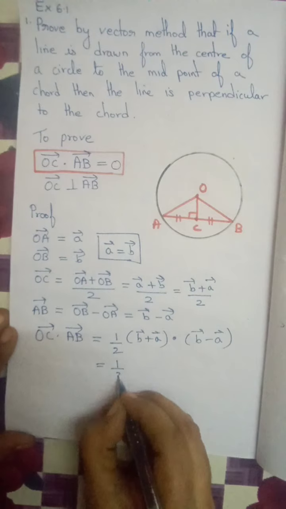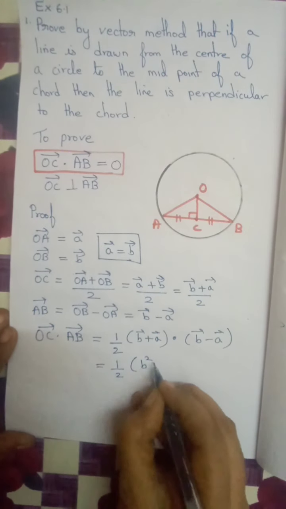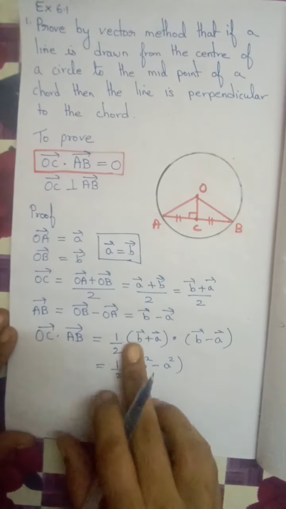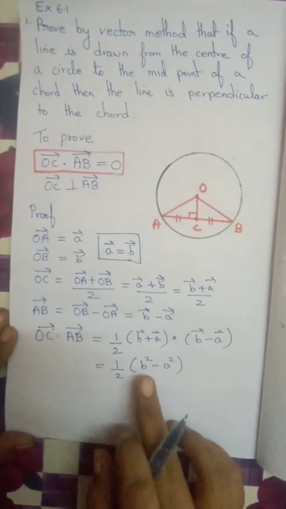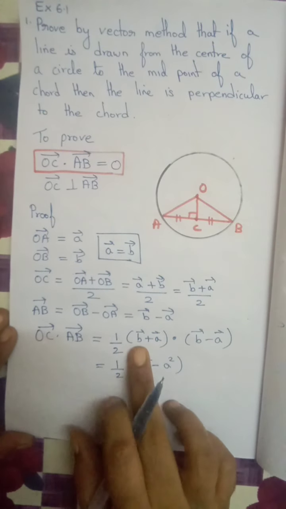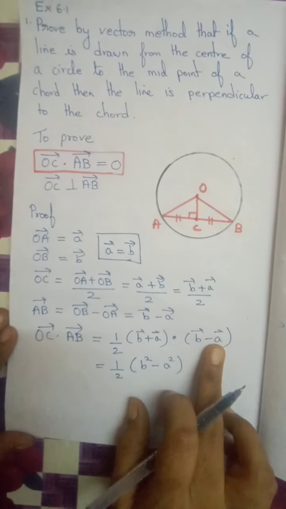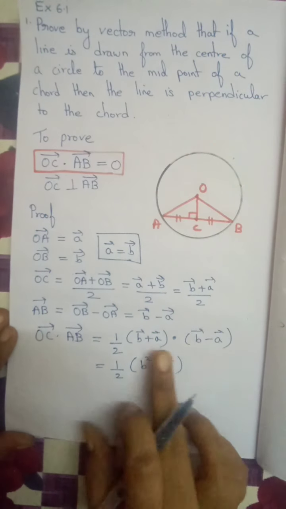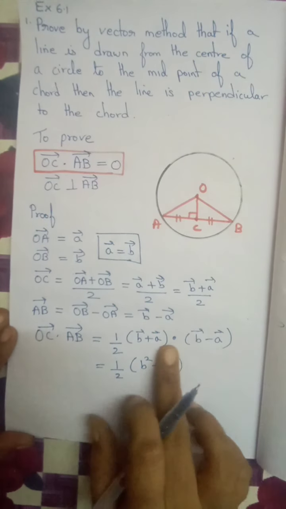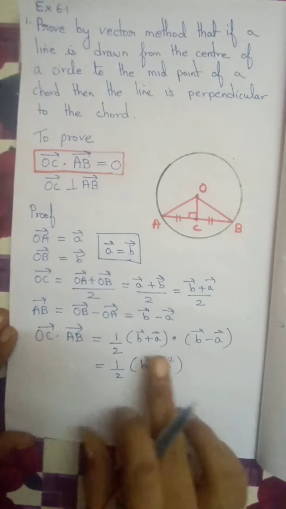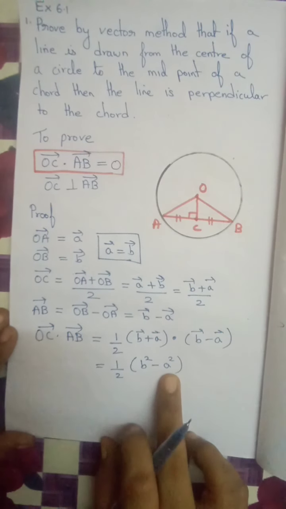Now I can write this as B square minus A square, because B vector dot B vector is B square. B vector minus A, you will have minus B vector dot A plus A dot B, both will get cancelled, and this I will have plus into minus A square.